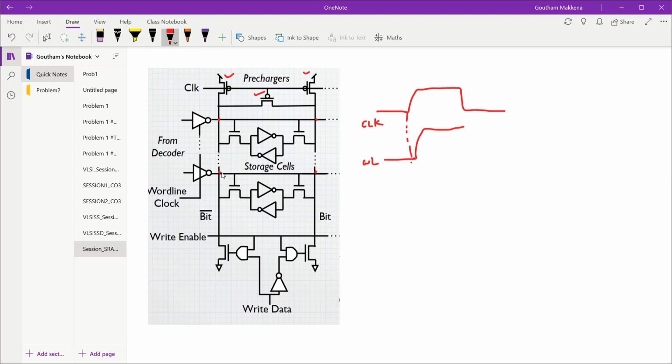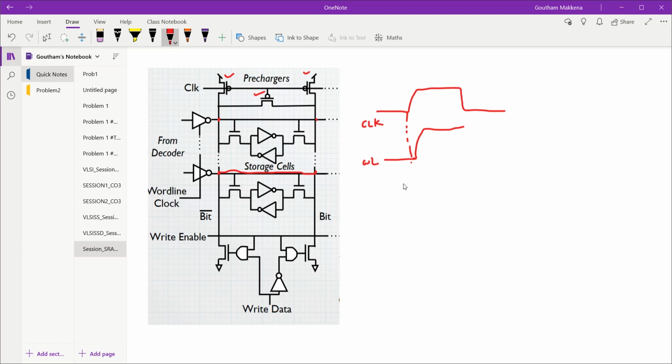Suppose the word line selects, for example, this particular storage cell. Now since the clock is no more 0, these nodes start to discharge.